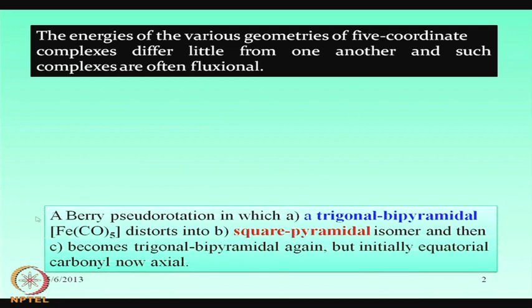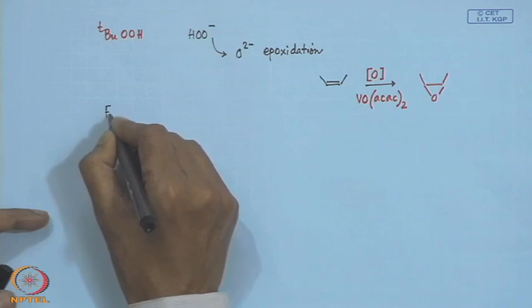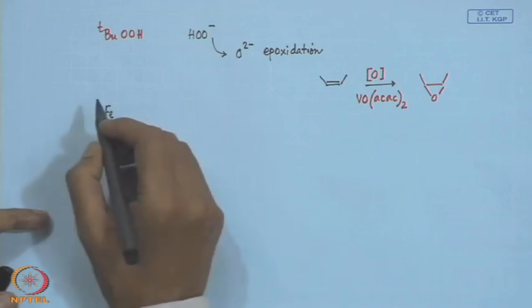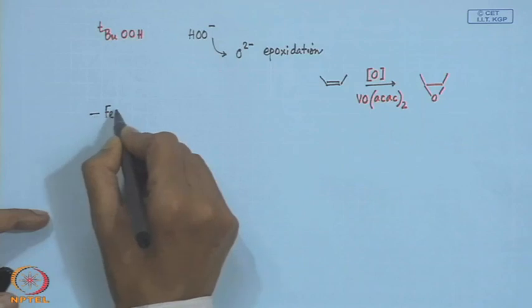One such very simple example is the iron pentacarbonyl compound. This iron pentacarbonyl compound is very similar to what we are seeing for the vanadyl acetylacetone molecule or the BrF5 molecule.